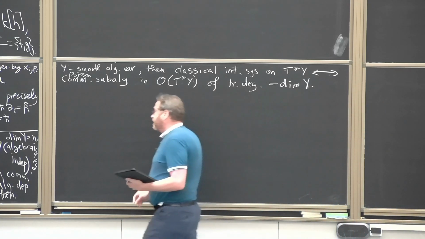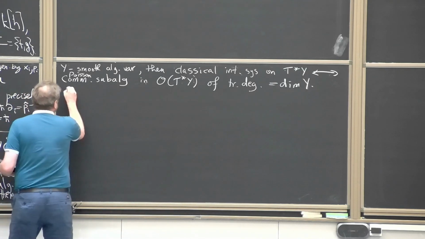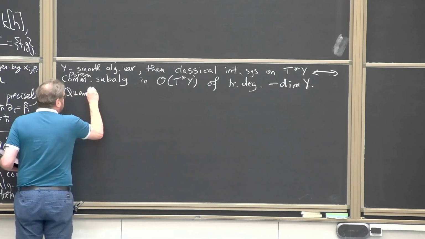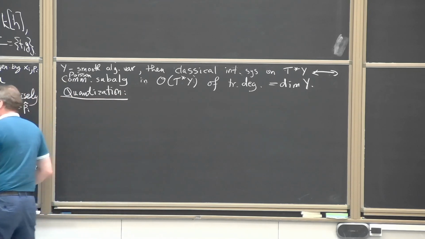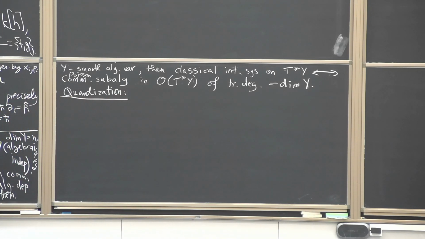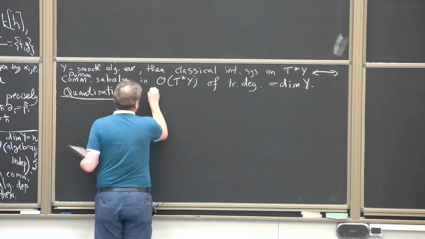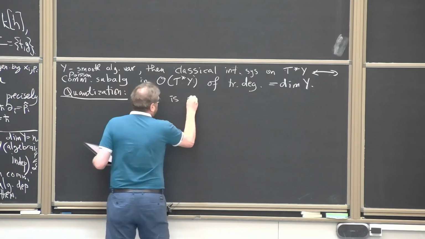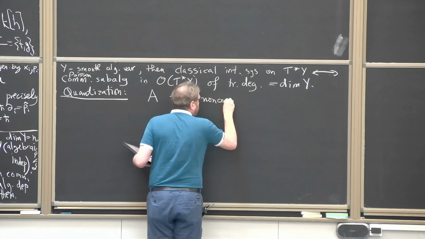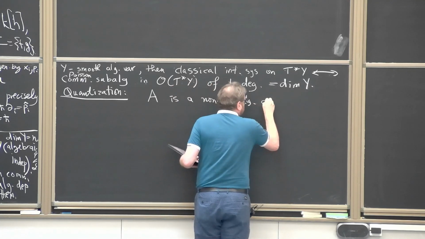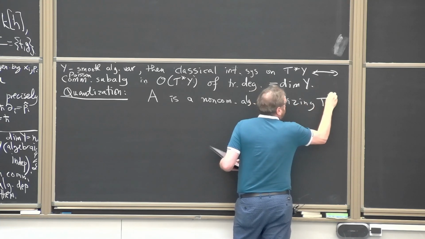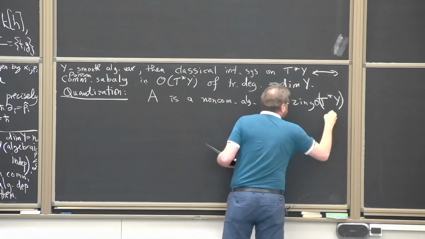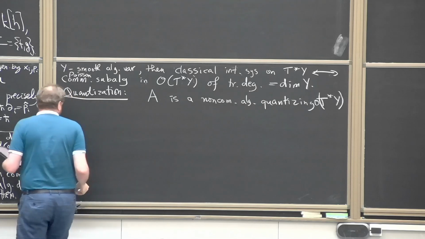But in any case, quantization of this: functions on T star Y in the quantum picture are replaced by a non-commutative algebra A. Suppose A is a non-commutative algebra quantizing T star Y, which is a Poisson algebra.